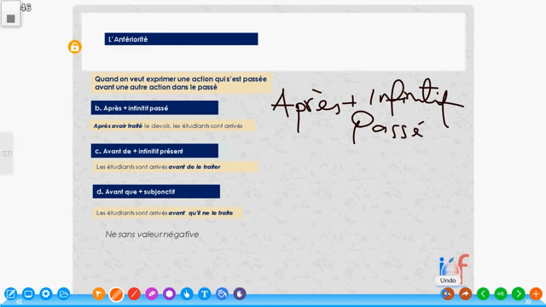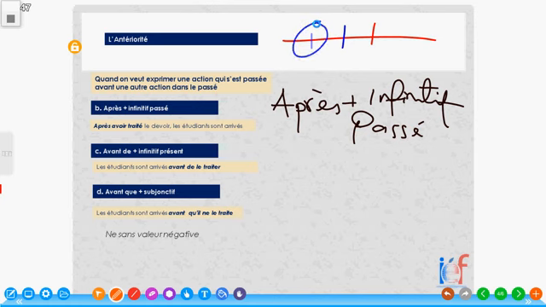Might I remind you what we're doing today? We are asking ourselves, how do I express two actions in the past? All right, where the first action, the one being highlighted now, happens, but there is already an action that has happened before it.